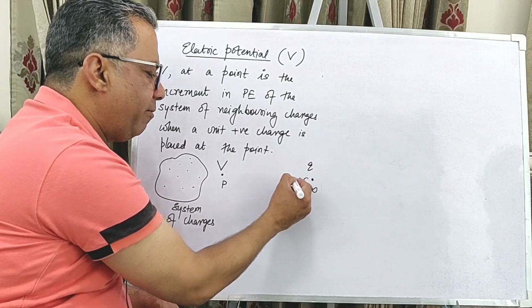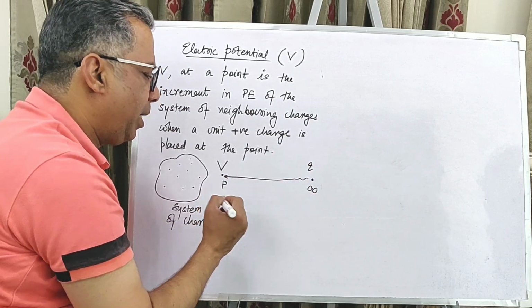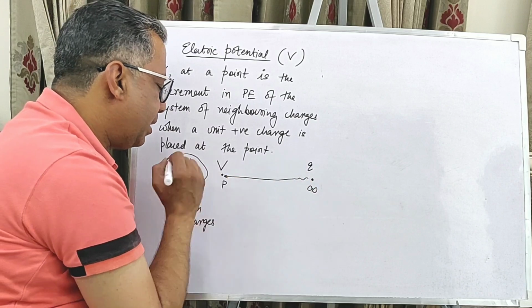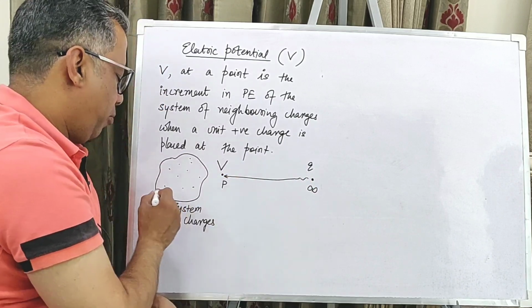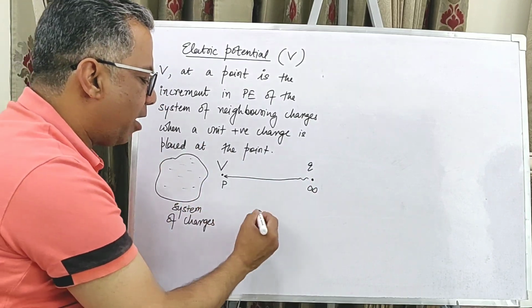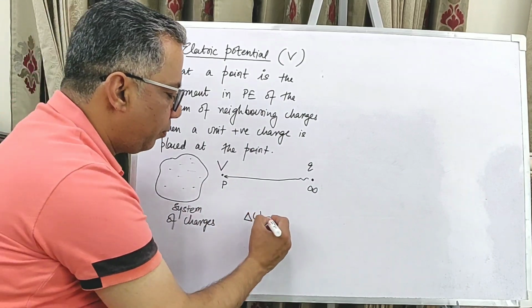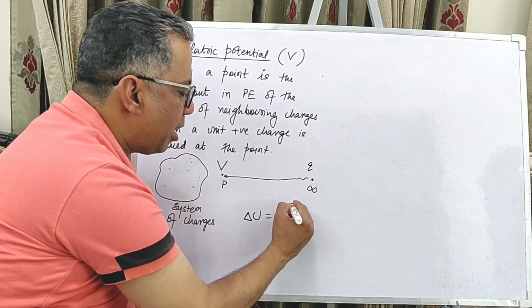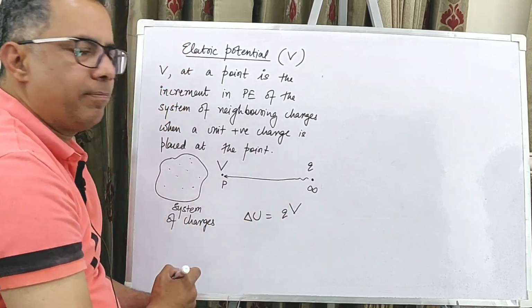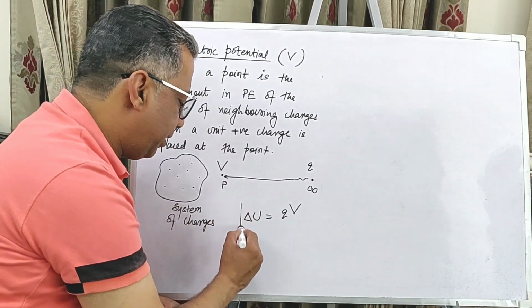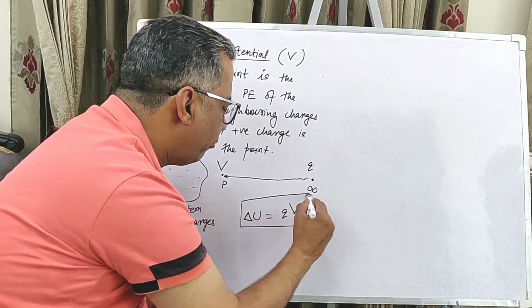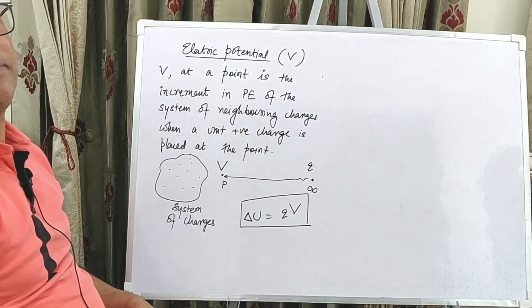We bring it from infinity all the way up to point P, and when we place it at point P, the potential energy of this system of charges changes by Q times V. So this is the physical meaning of what we call potential.